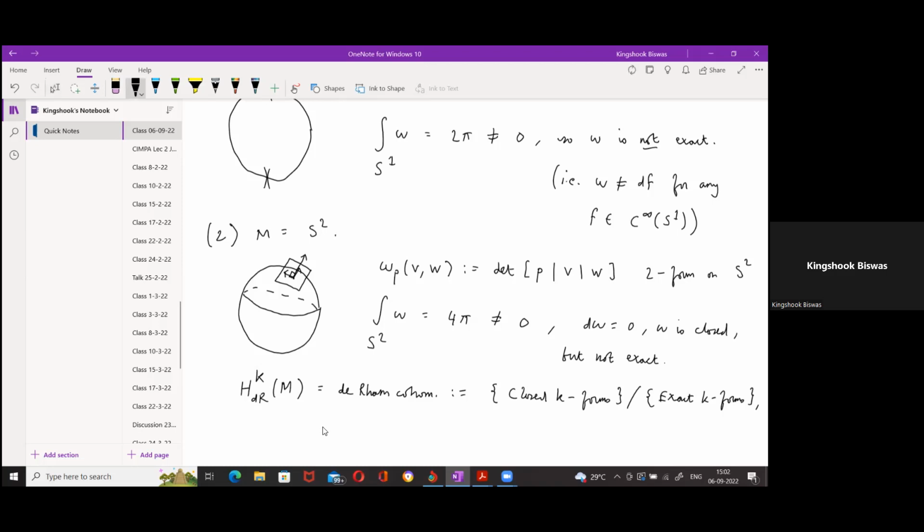And so for S2, what is the dimension of H2 of S2? Anyone? Orkojit, Utsav, what is the dimension of H upper 2 of S2 with real coefficients?